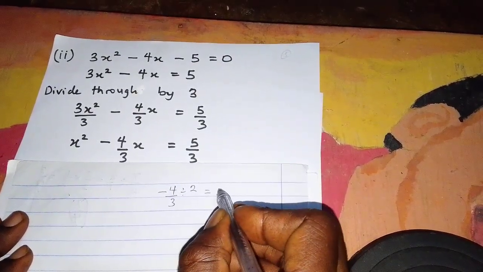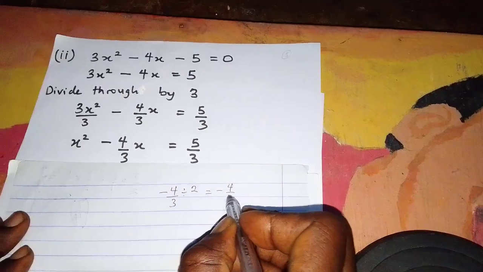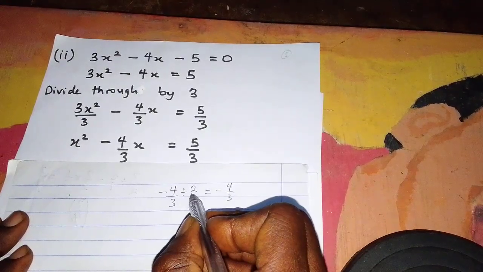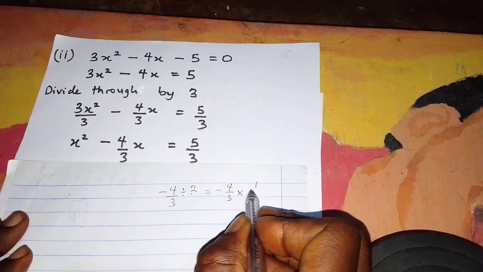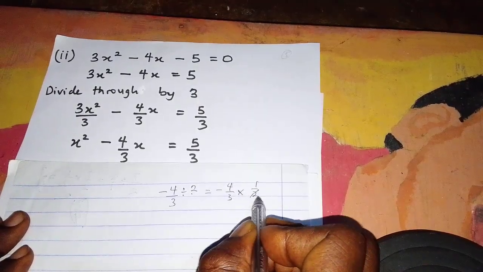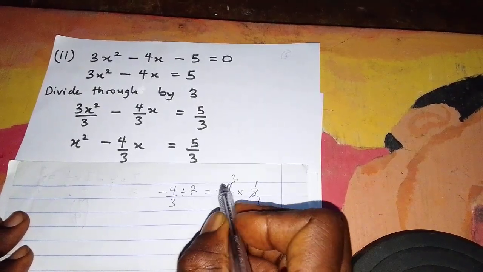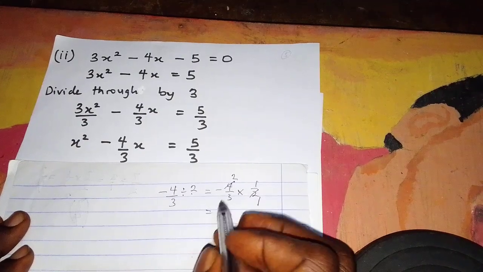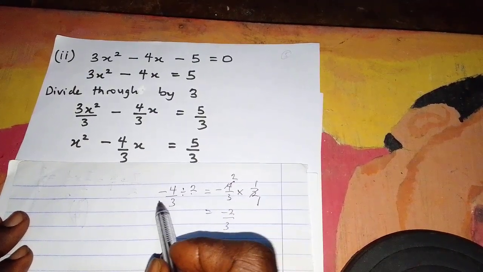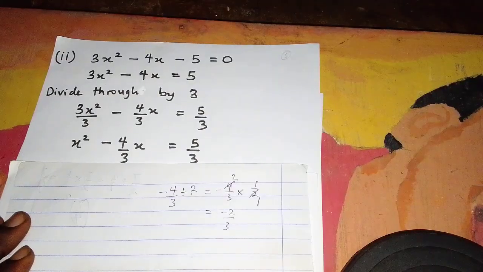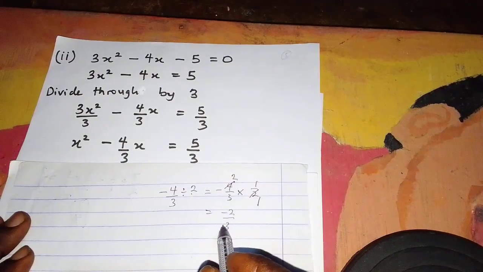If you change division to multiplication, it will turn to 1 over 2. So you have 2 here, 1, 2 here, 2. So that means you have minus 2 over 3. When you divide minus 4 over 3 by 2, you get minus 2 over 3.